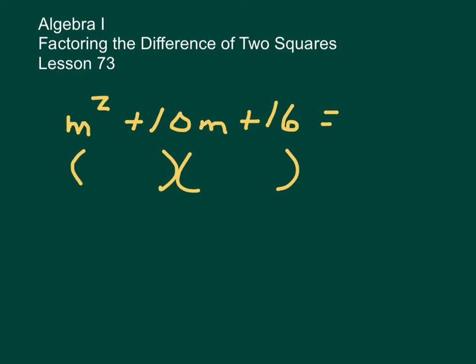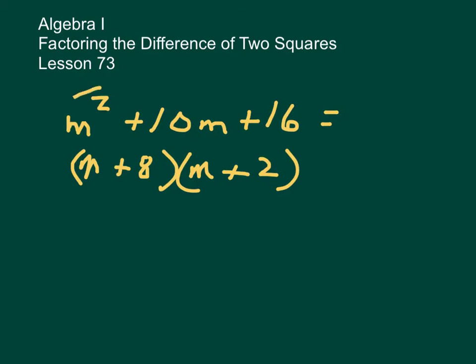Now the second sign was plus, which means they're both the same, and then we'd look at the first sign to determine that they're both pluses. Since they're the same sign, I want two factors of 16 where the sum is 10, and that would be 8 and 2. And then I'd break down m squared to m and m. And that's what we've been doing for the most part, is factoring trinomials.